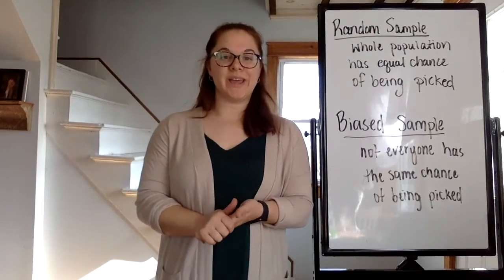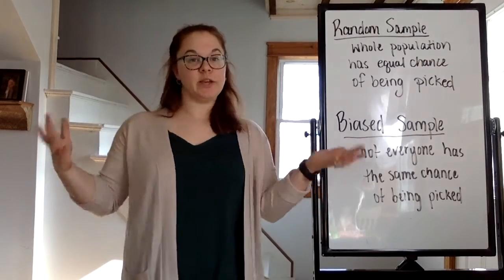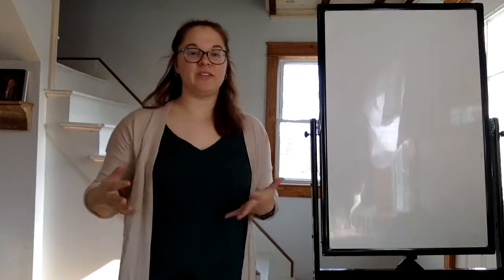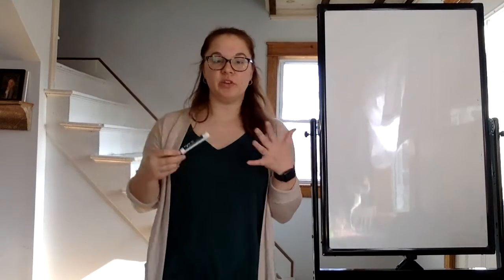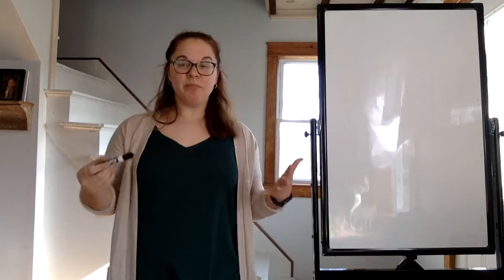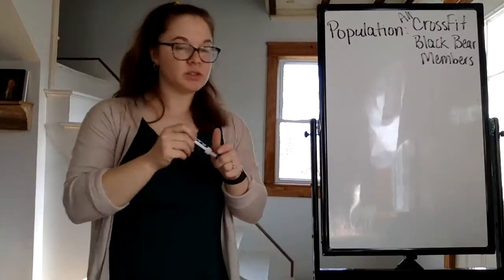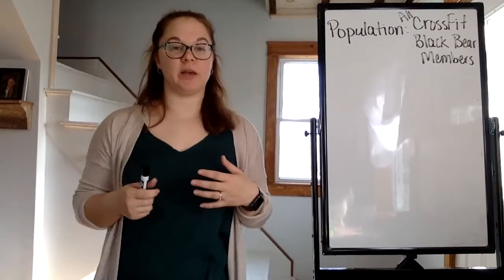So our last example is one about my gym. I always like to start by identifying the population that I'm talking about. So the owner of my gym, CrossFit Black Bear, his population is members of CrossFit Black Bear. So the entire population is all of the members of CrossFit Black Bear.